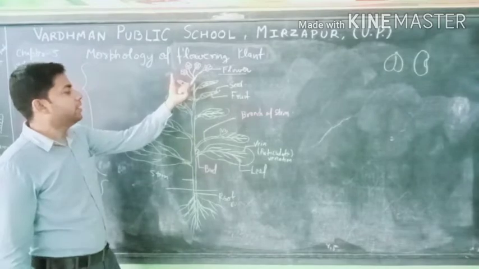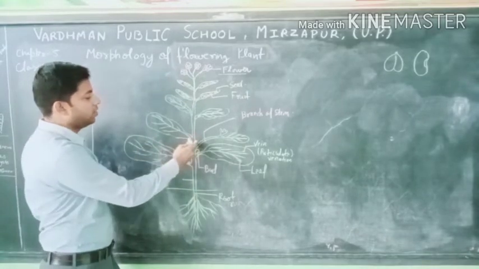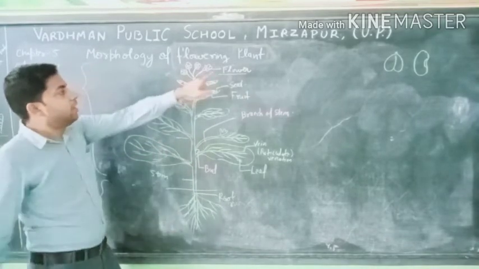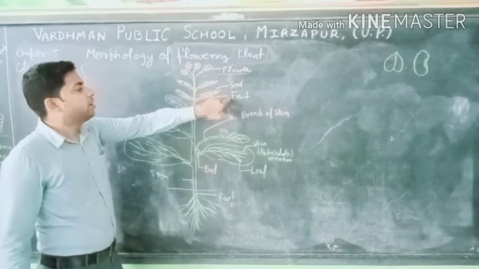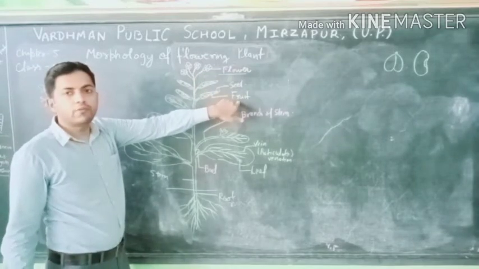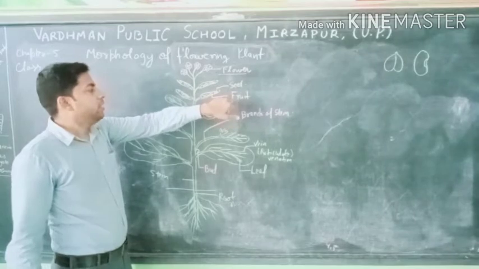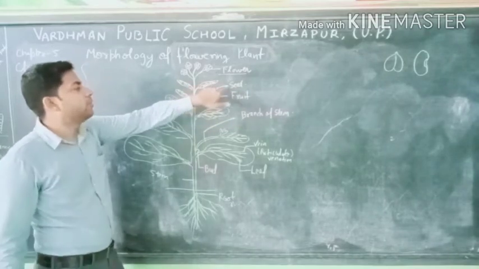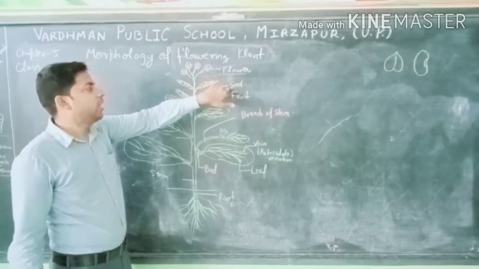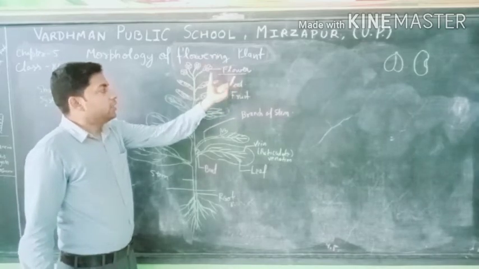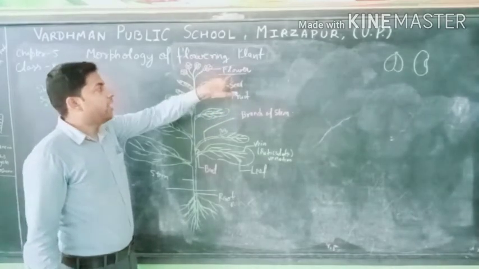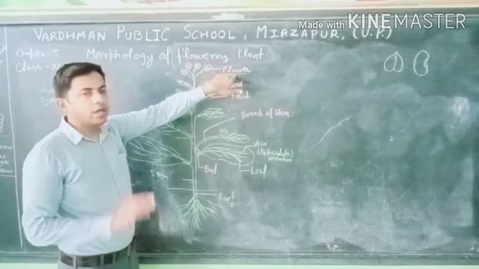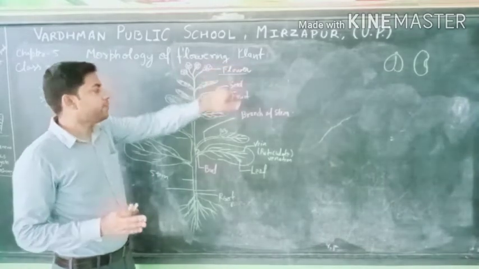In some plants these are synthesized in the axillary position also. These flowers are responsible for the formation of fruits, and each fruit consists of a number of sheaths. These sheaths are developed from the ovaries which are present inside the gynoecium of a flower.